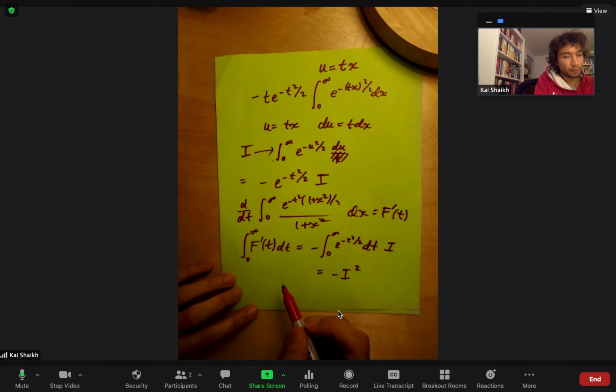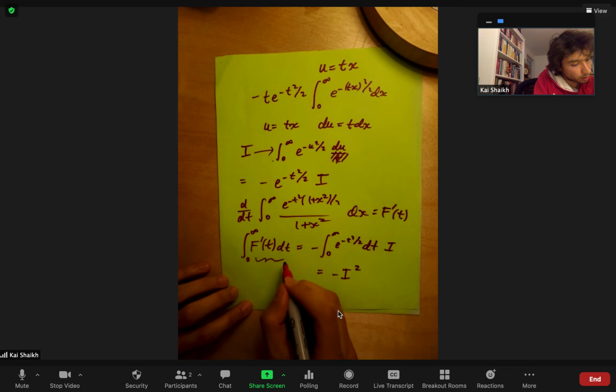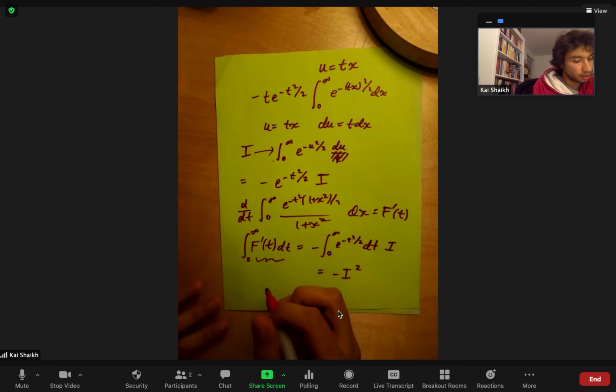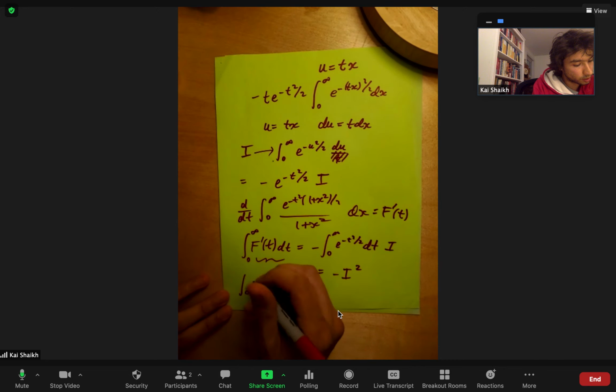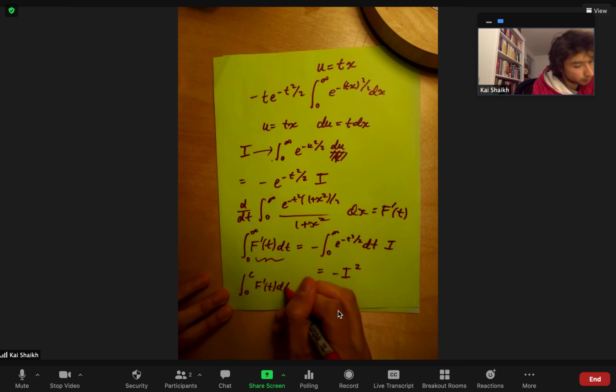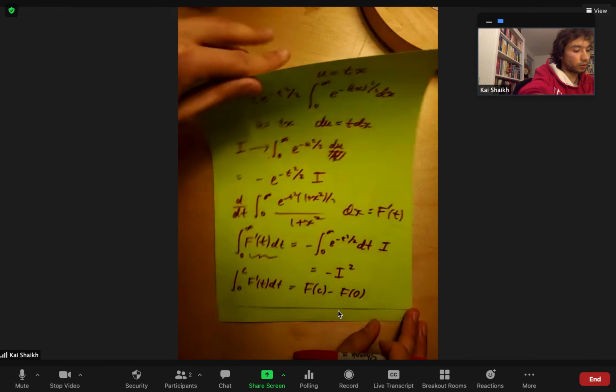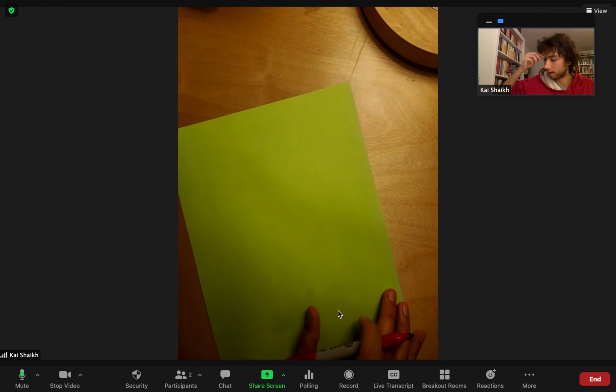But another way we can compute this is, the fundamental theorem of calculus tells us that the integral from 0 to, let's say, c of f prime of t dt is just f of c minus f of 0. And now we can actually compute these two parts.